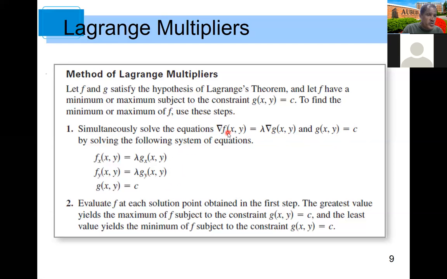Because the first component of this one, which is f x of x y, is equal to the first component of this one multiplied by lambda, which is lambda times g x of x y, correct? That's one equation. The second component of this one, which is f y of x y, is equal to lambda times the second component of this one, which is lambda times g y of x y. So this is the second equation.